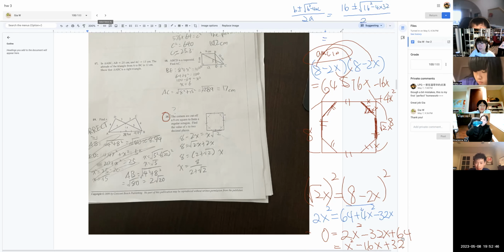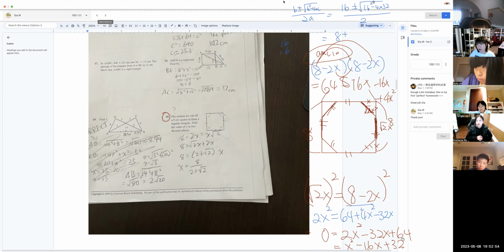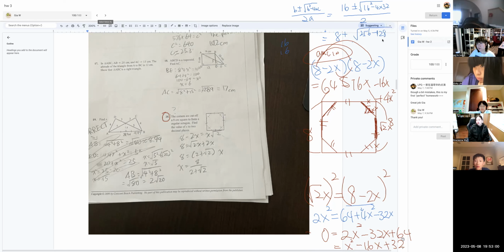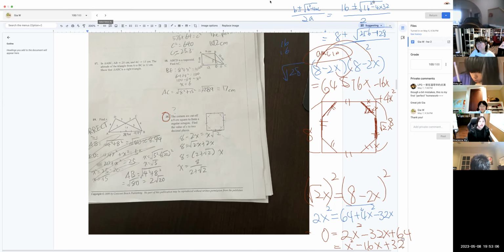So the answer is 8 plus, so it's not minus, okay? So 16 times 16 equals what? 16, 16, 256, okay? So 256 minus 128 is 128, divided by 2. So the square root of 128 equals what?